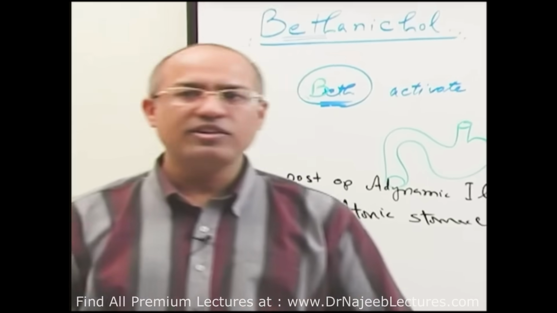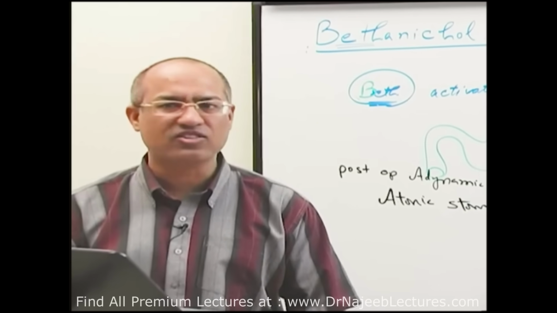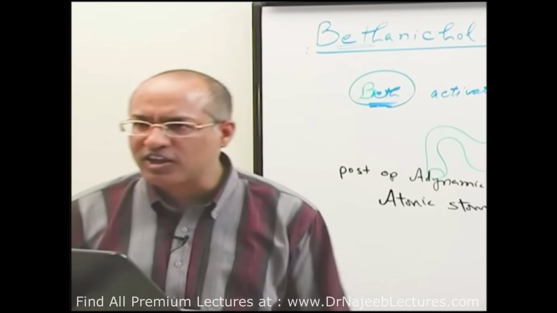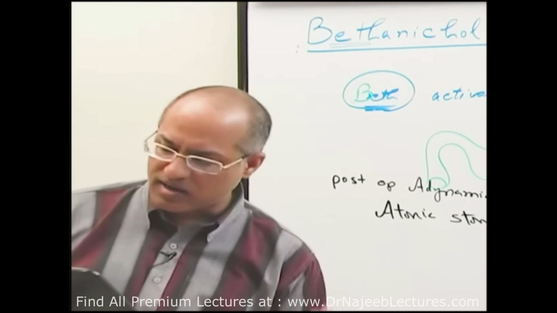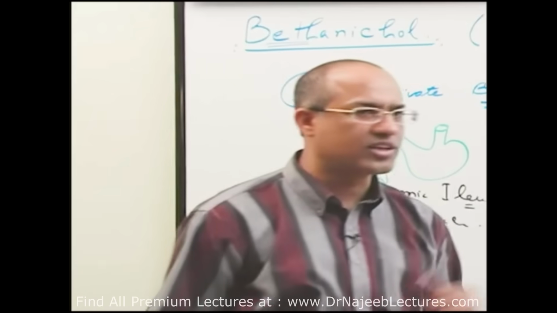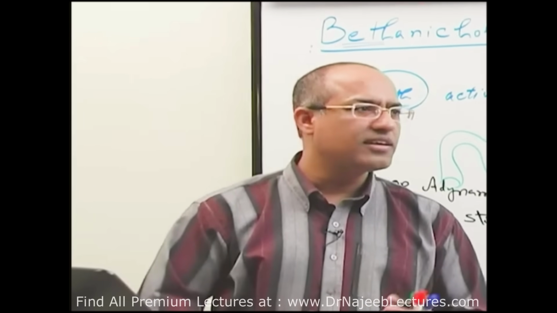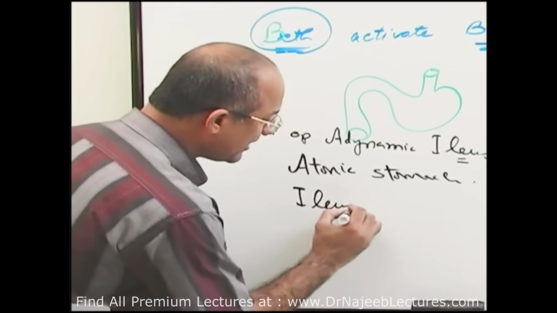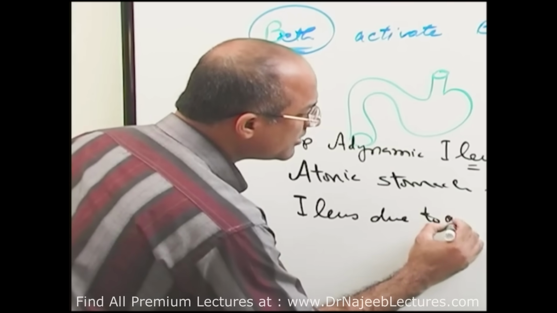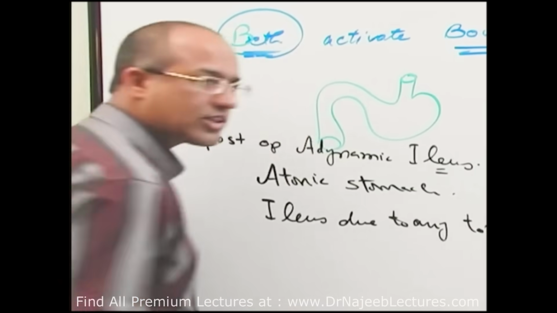When someone has a stomach which does not contract well, or whatever he eats is retained in the stomach and it does not push properly to the duodenum, you can enhance or potentiate the stomach motor function by bethanechol. Is that right? Or there is ileus. Ileus means paralysis of GIT. Ileus due to any toxic reason, toxic cause, right?